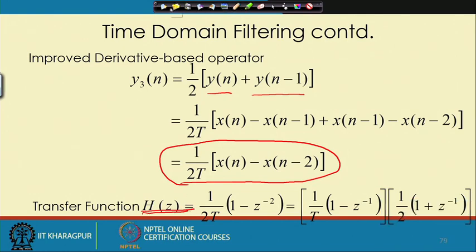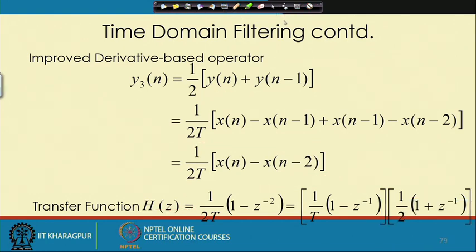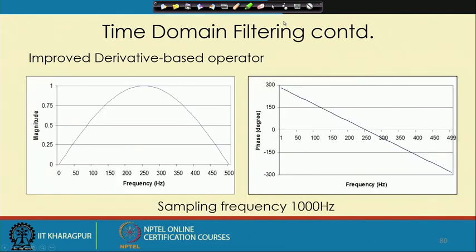Now, let us see how the magnitude and the frequency response vary. We see in this case the frequency response is better, it is peaking in the middle and it is 0 at both ends. So, it will help to get rid of the low frequency noise, like baseline wandering.